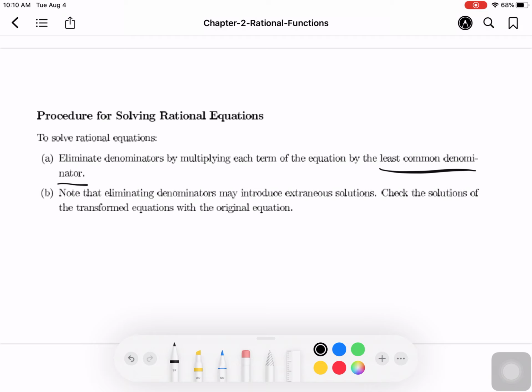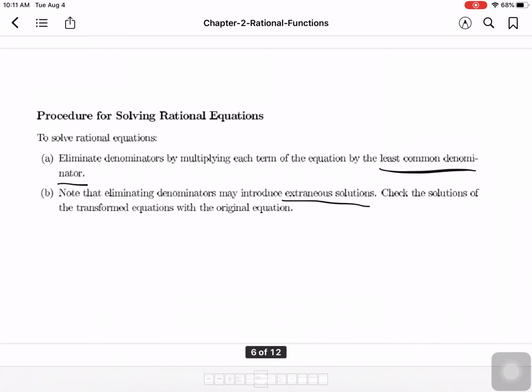Then after eliminating, you do your basic algebra, and then for the final answer, check if your answer satisfies the equation or not, because if not, it is an extraneous solution. Extra lang.